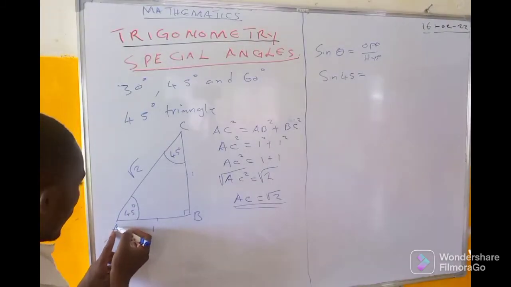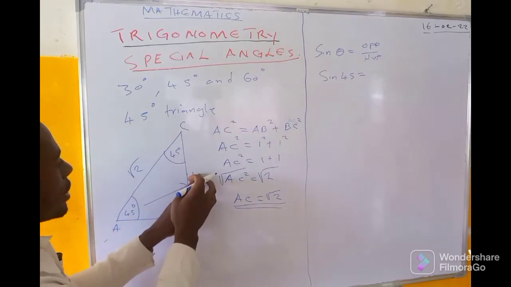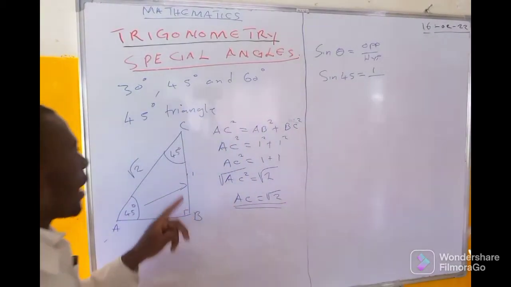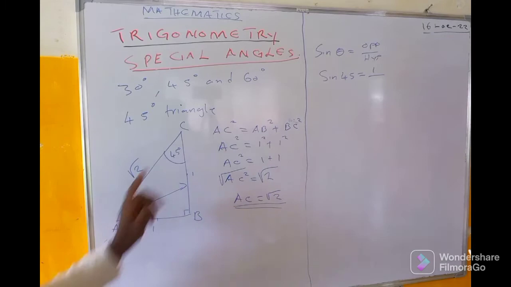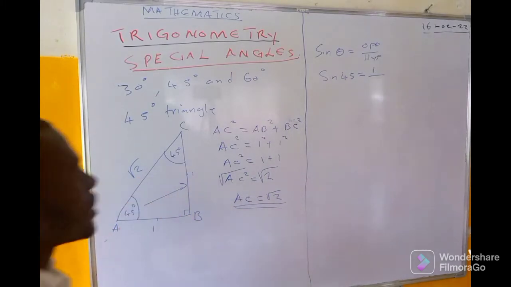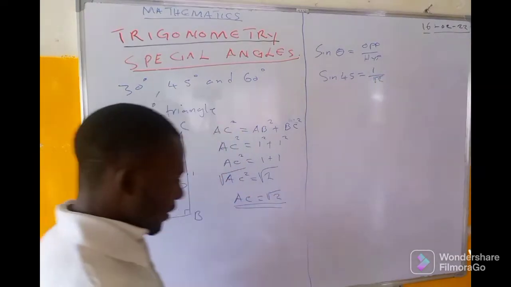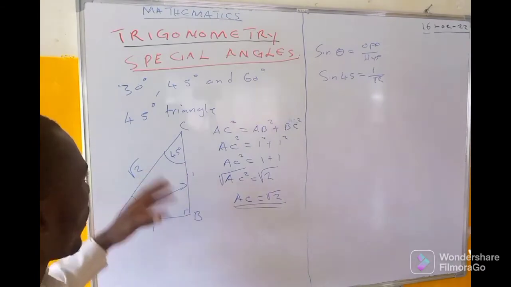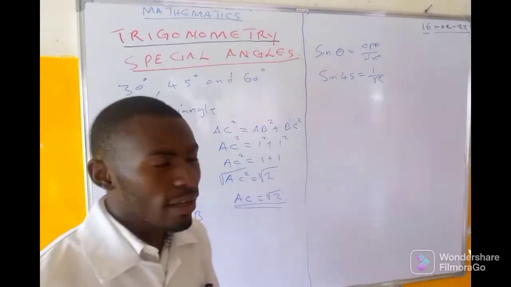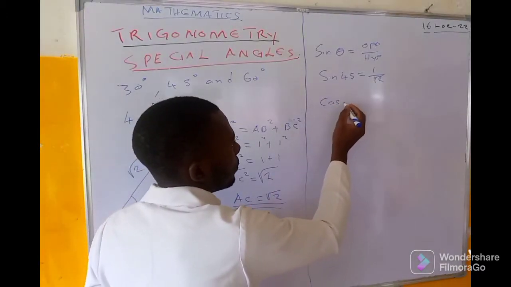If you stand here and look at the opposite of this angle, it is this one, which is giving you 1. Divided by the hypotenuse, which is the longest distance, always opposite to the 90 degrees angle, which is the square root of 2.